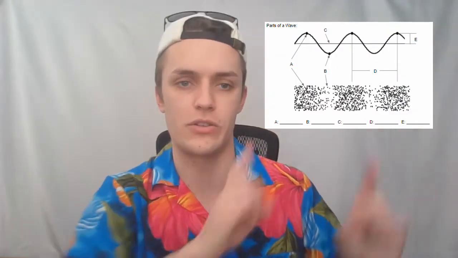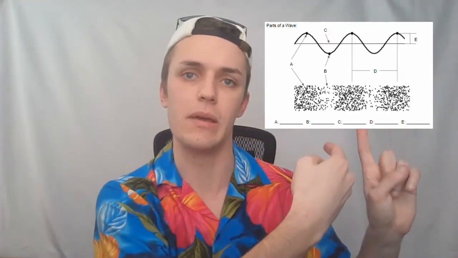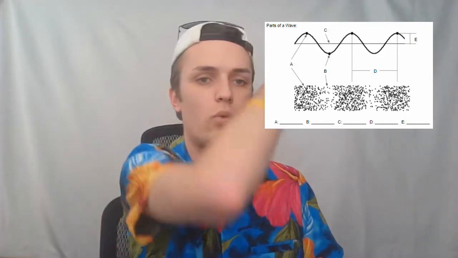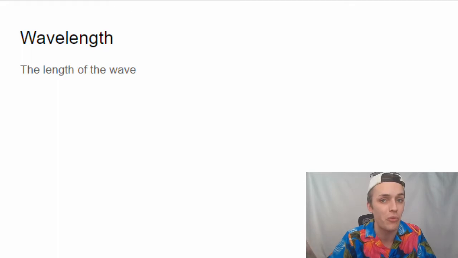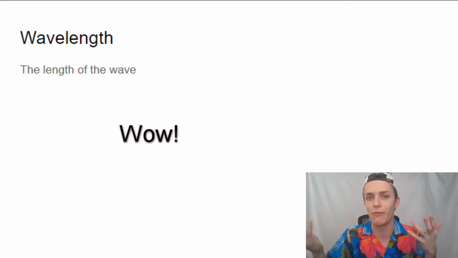But that brings us to our last one, which is the slot letter D, and it's measuring a width, right? It's got 2 marks, and it's that line in the middle. Notice that it connects one full oscillation, one full up and down, and that is the length of one oscillation, the length of one wave, aka the wavelength, right? The wavelength is just the length of a wave.